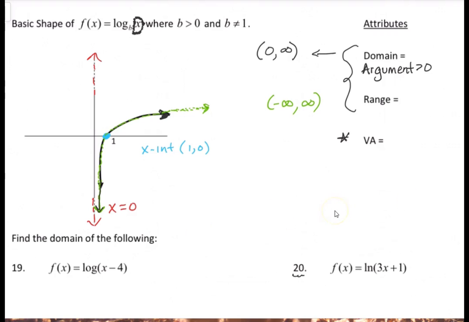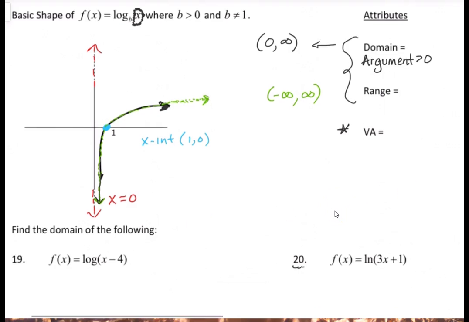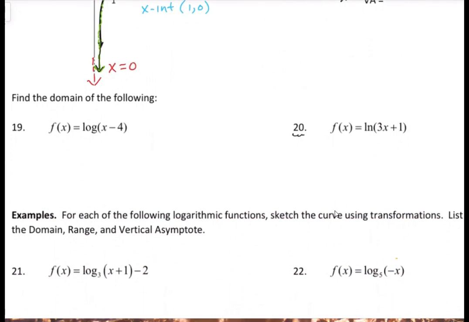So the thing that you want to remember when you go to find the domain of a logarithm algebraically is that you cannot take the logarithm of a negative number, nor can you take the logarithm of 0. So that means that the argument of your logarithm must always be strictly greater than 0. Once we set up that inequality, we're just going to solve for x, and that will give us what our domain is.